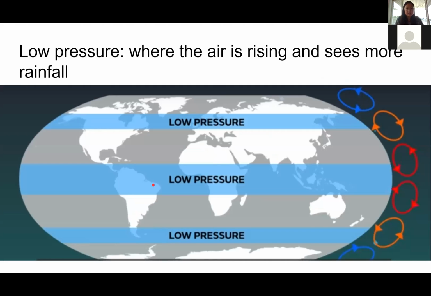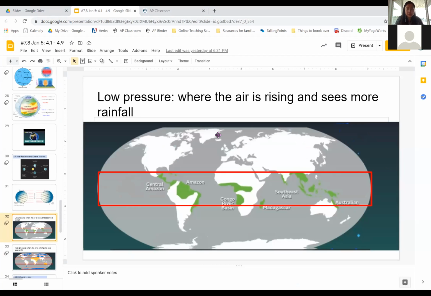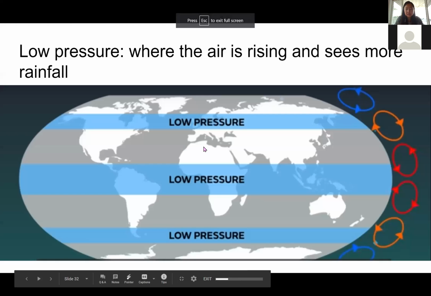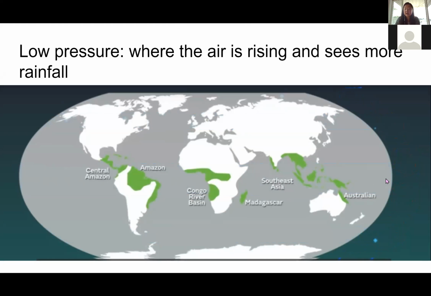Oh, and just to reiterate low pressure and high pressure, hopefully they talked about in the videos that the reason the equator is so wet and so warm is because you have constantly rising air, which means low pressure systems and a lot of rainfall.